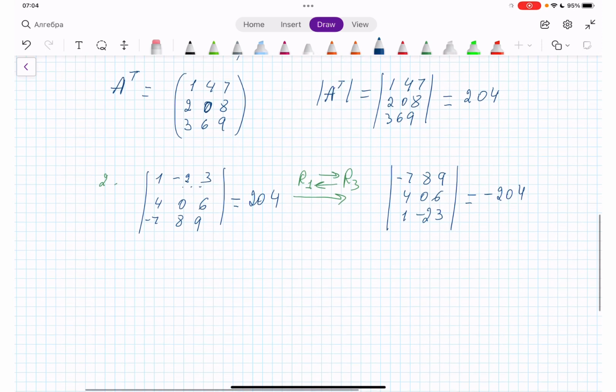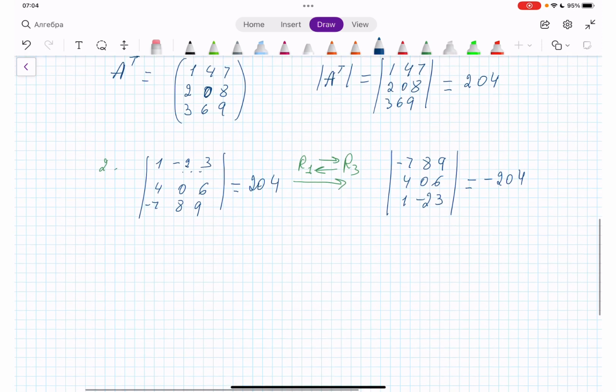Let's swap again. This time we're going to swap the second and third rows.